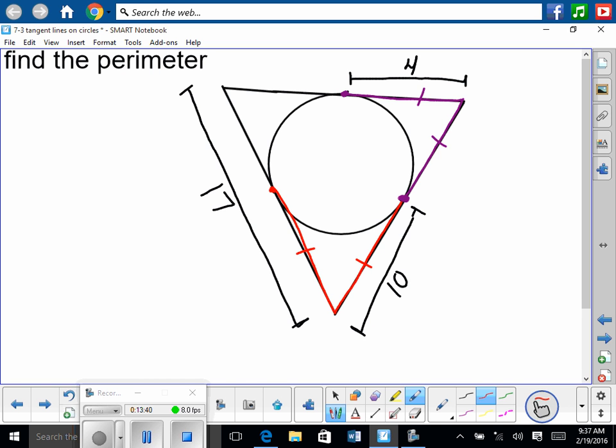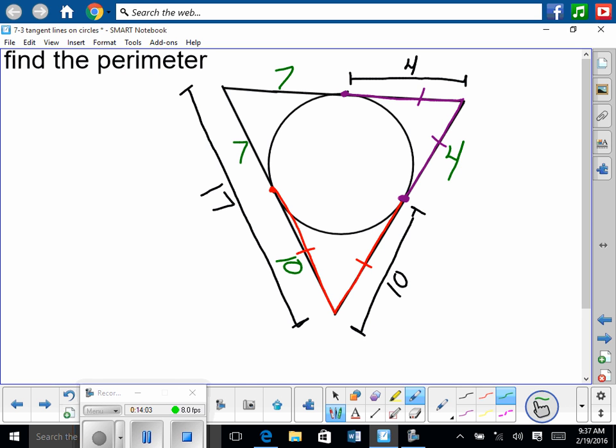So let's go through and fill this in. You kind of just work your way around the circle given what you know. There's many different ways to do this. If this is 4, what's this? 4, okay. If this is 10, what's this? 10. Well, the whole thing's 17, so what would this be left with? 7. If that's 7, what's this? 7. Now, can't we find the perimeter? Adding up the outside.